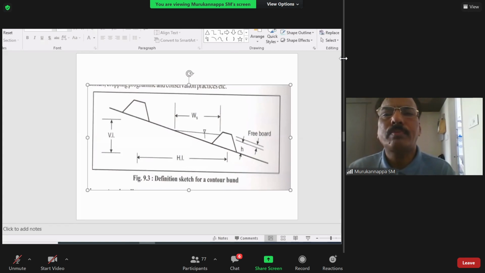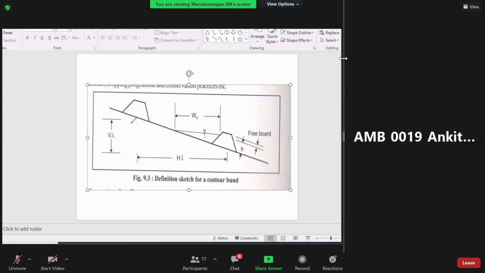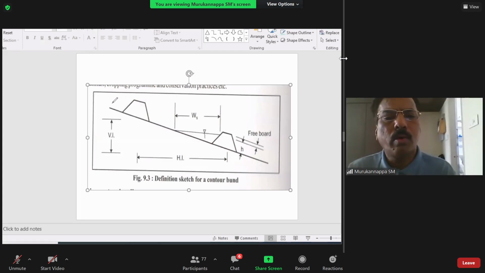See here, whatever water is stored here will be seeping here, and also whatever water is stored in this area, this area will be saturated.